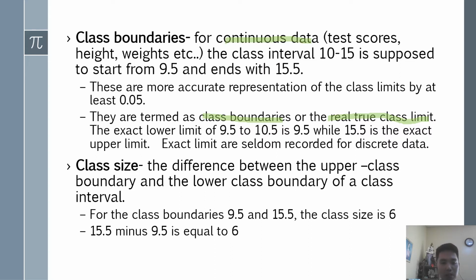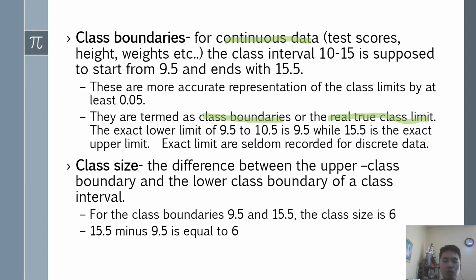The last term that we need to be familiar with is the class size. The class size is the difference between the upper class boundary and the lower class boundary of a given class interval. So for class boundaries of 9.5 and 15.5, the class size is 6. How did we get the 6?